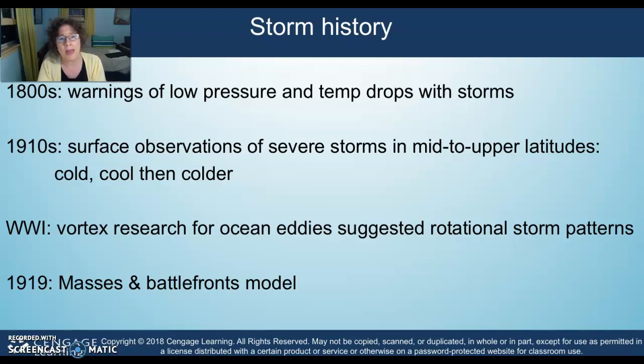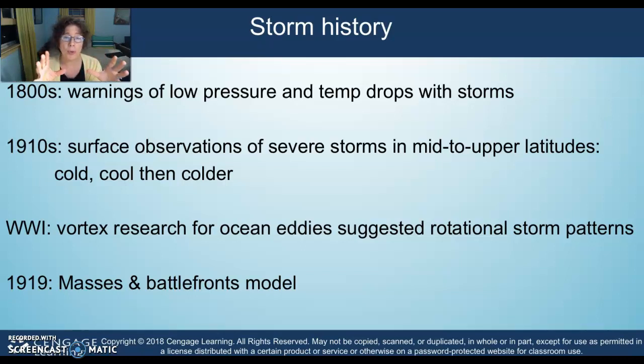By World War I, they had vortex research for ocean eddies that they were starting to apply to fluids and air atmospheres, suggesting rotational storm patterns. It was a big leap.